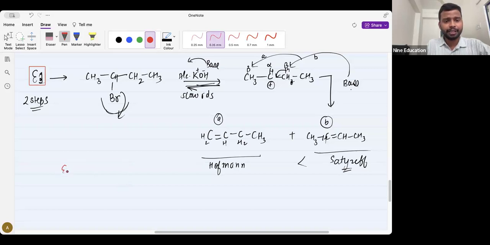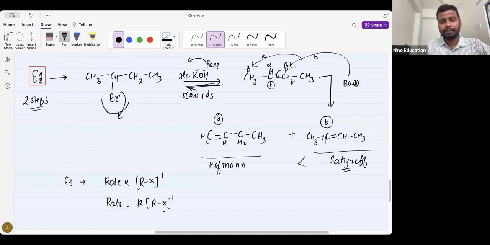See, E1 elimination, you all know. You have studied kinetics till now. You have learned that rate is directly proportional to what? Rate of this reaction is equal to k[alkyl halide] to the power 1.